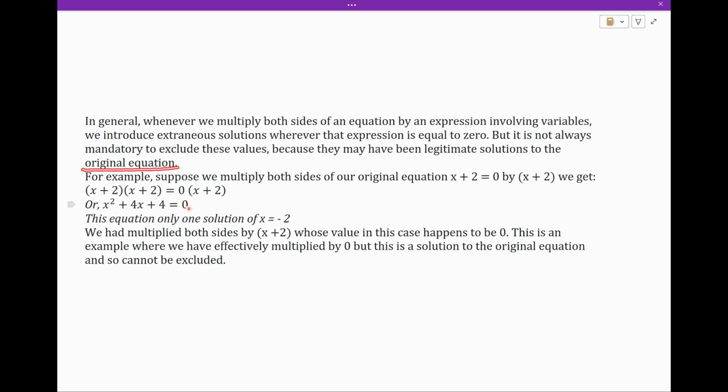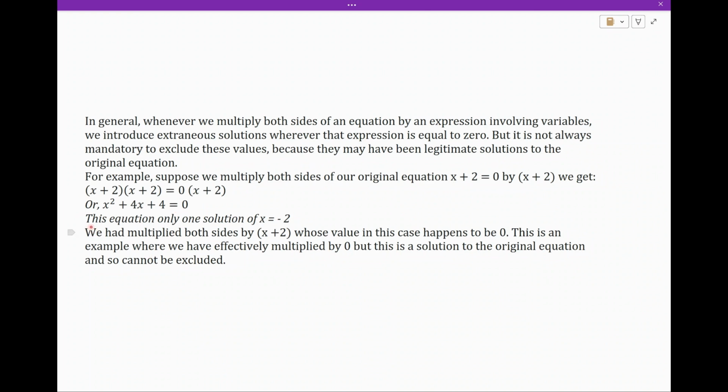For example, suppose we multiply both sides of our original equation x plus 2 is equal to 0 by a factor x plus 2, and we get x plus 2 multiplied by x plus 2 is equal to 0 multiplied by x plus 2, or x squared plus 4x plus 4 is equal to 0.